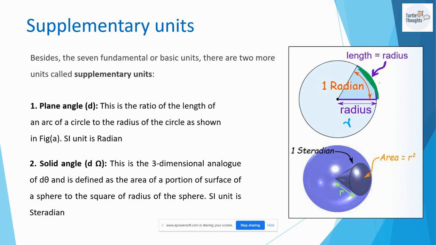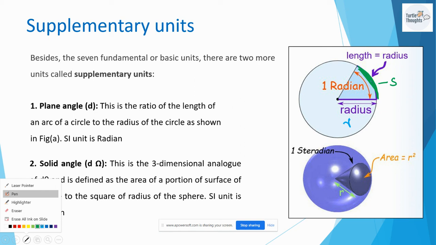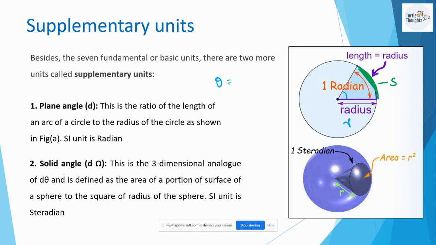This let us represent by s. Now the ratio of the length of arc to the radius of the circle is known as the plane angle. So if I consider this angle to be theta, what is this theta? It is defined as the ratio of s divided by r, meaning the length of arc divided by the radius.